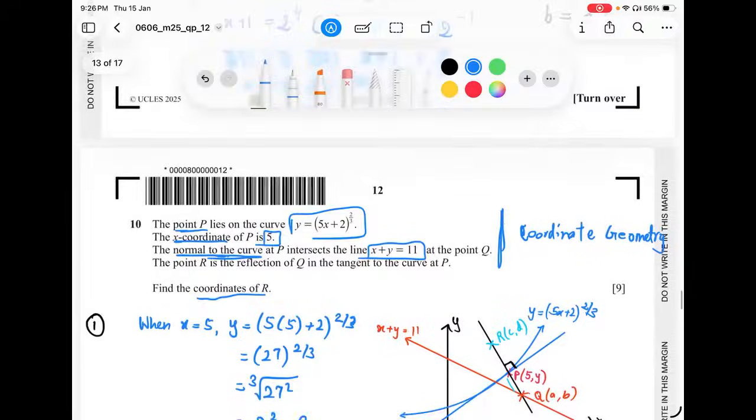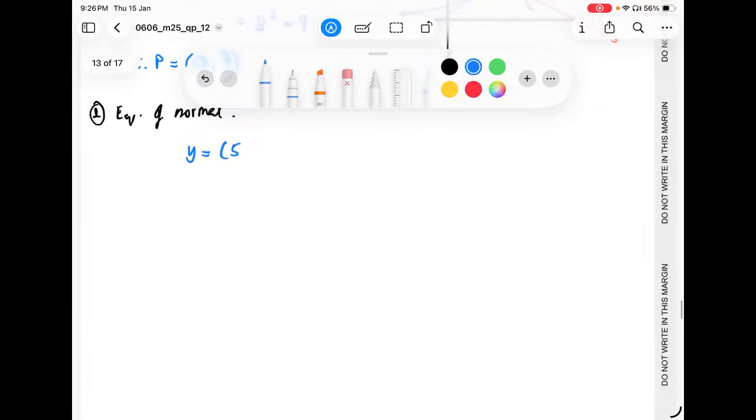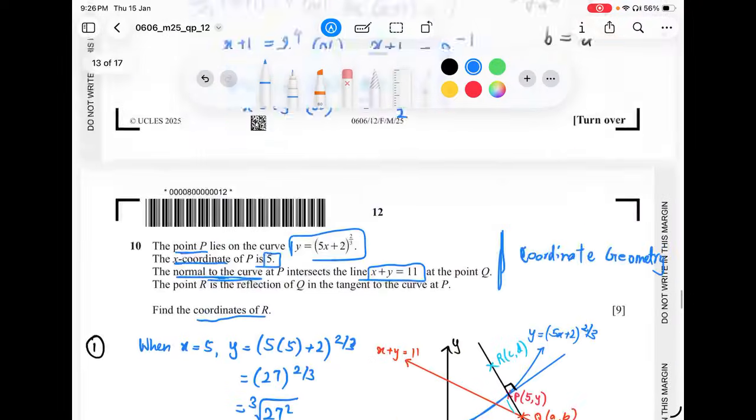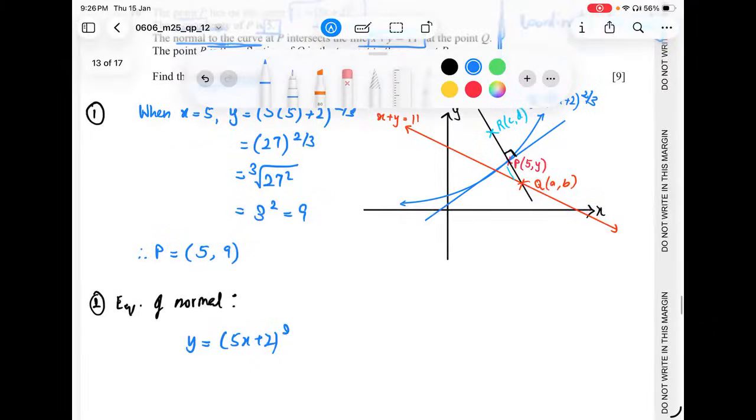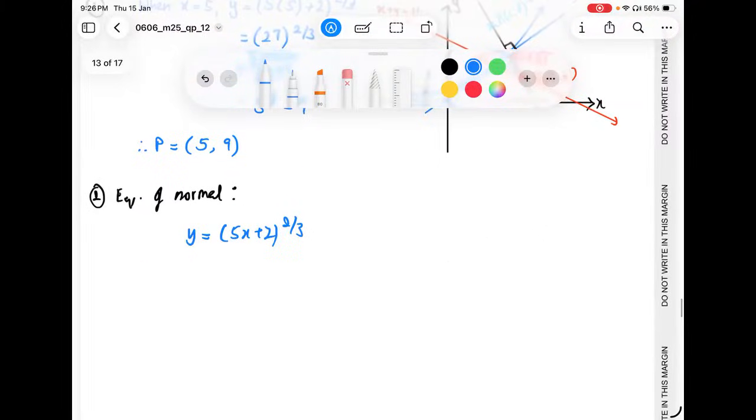So y of the curve is (5x plus 2) to the power 2 by 3. When you do dy over dx, you bring down the 2 by 3, (5x plus 2), and then reduce the power by 1, so 2 by 3 minus 1 gives negative 1 by 3.